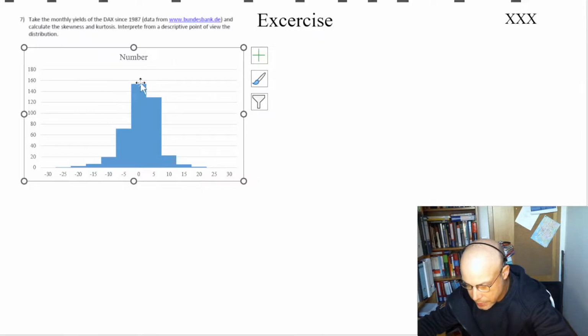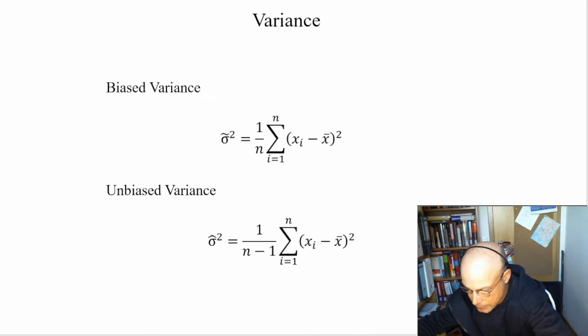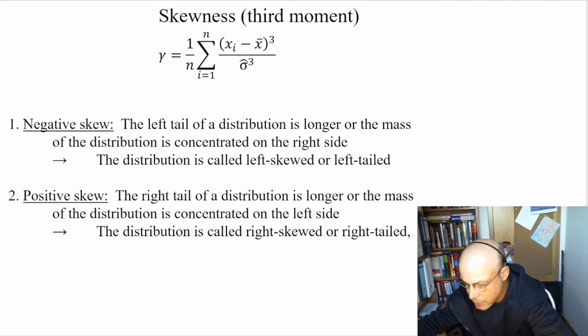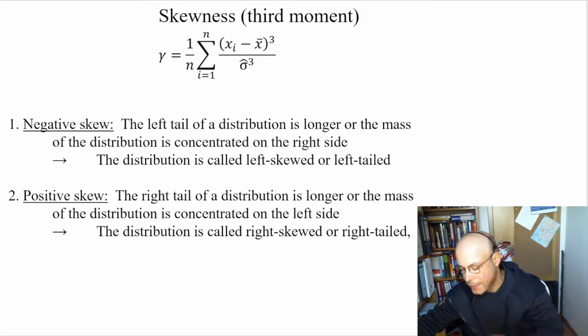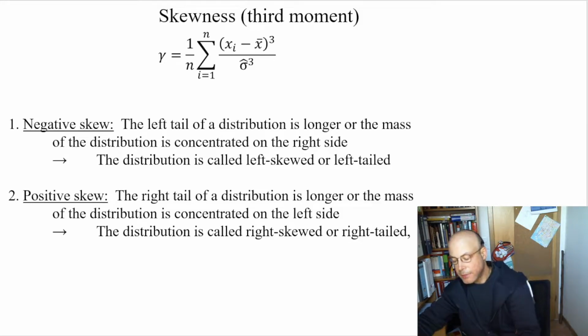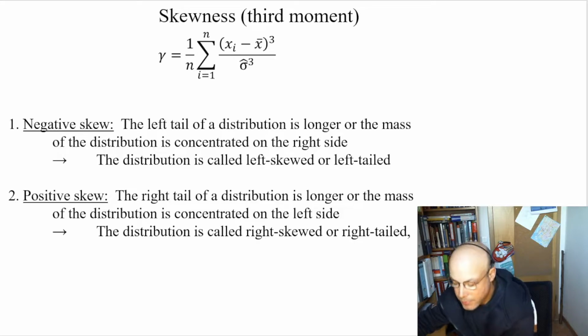And this we had here. So skewness was just the third moment. So we have to take the difference between our yield xi minus the average yield up to the power of 3, divided by the standard deviation also to the power of 3.